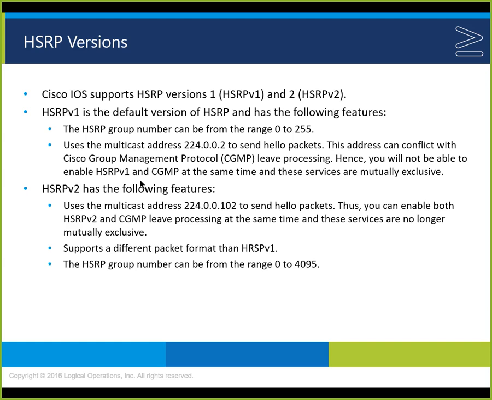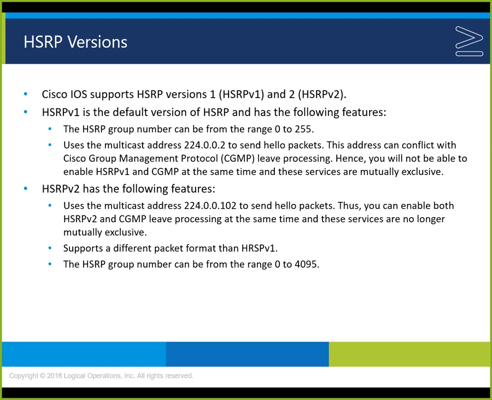Versions. HSRP version 1, the default, has the following features: the group number 0 to 255, and multicast address 224.0.0.2. There's a problem with that, because the multicast address 224.0.0.2 was also used for the Cisco Group Management Protocol.